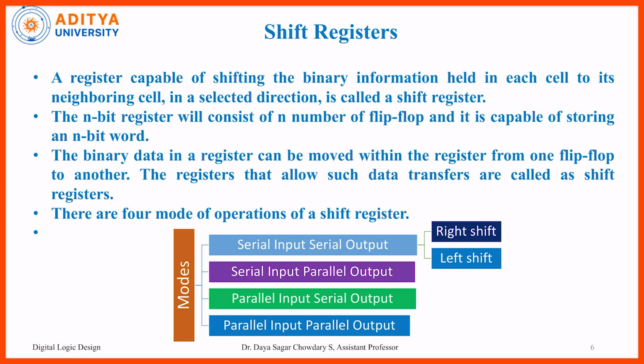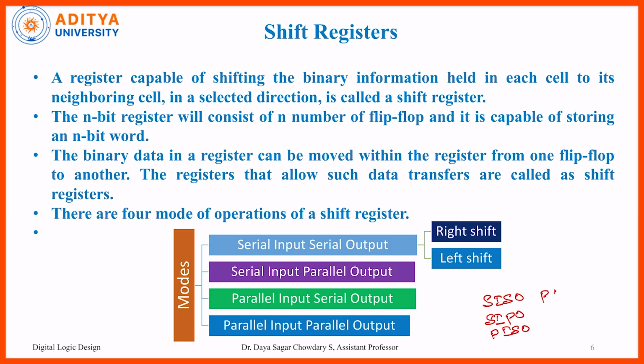Here there are 4 modes of operation of a shift register. Serial input, serial output, SISO for short. Serial input and parallel output, SIPO. Parallel input and serial output, PISO.